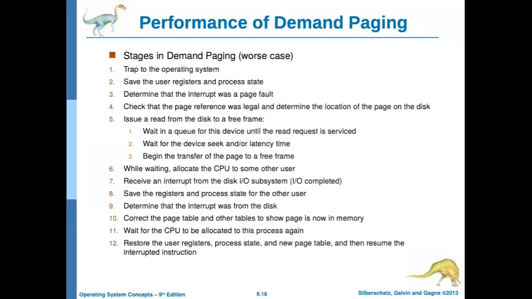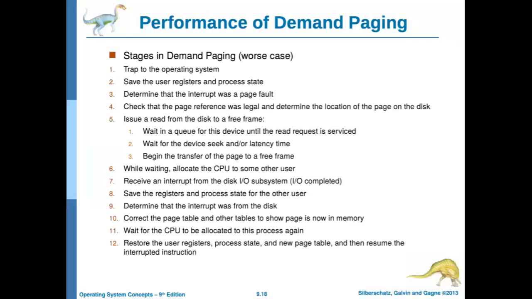So again, save the registers and process state for that other process, because in stage number 6 we have scheduled some other process. Once the disk IO is completed for my process, that other process's registers and process state will be stored. So again, that is the concept of context switching.